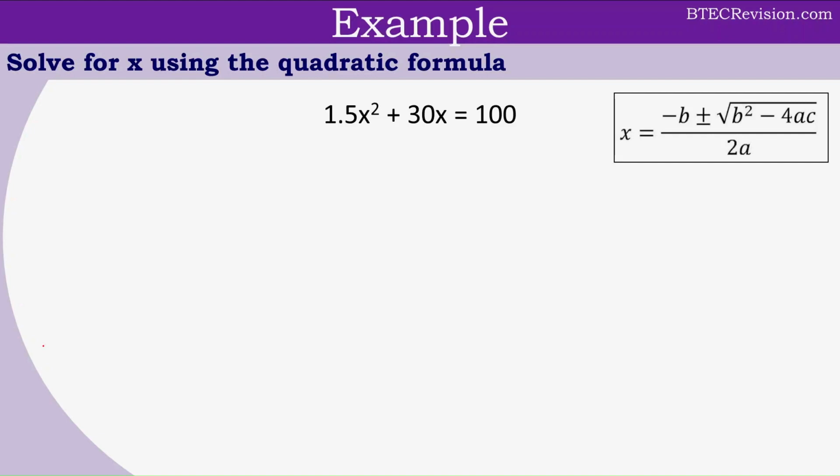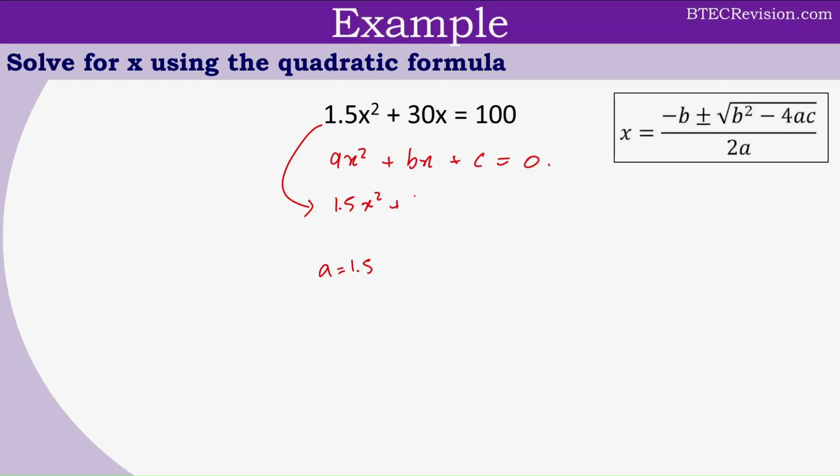Here we have a quadratic equation. To solve for x, we need to use the quadratic formula. But first, we need to convert this into the form ax squared plus bx plus c is equal to 0, so we can find the coefficients. Here we can see this is 1.5 x squared, so a is equal to 1.5.